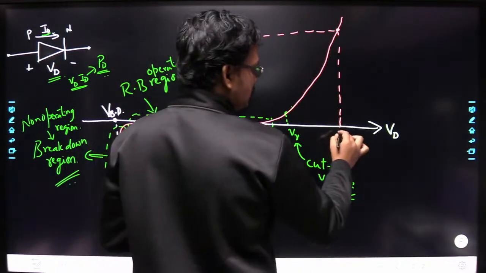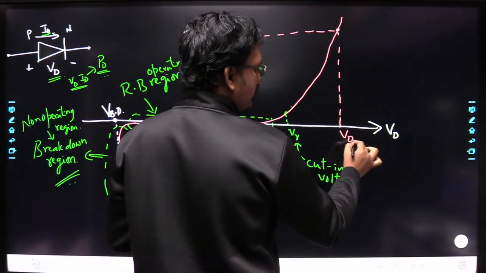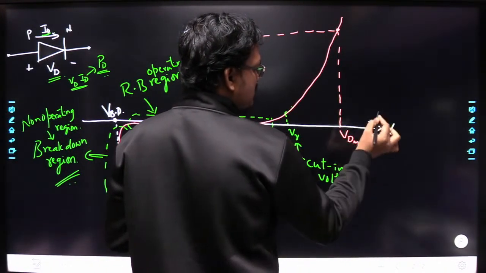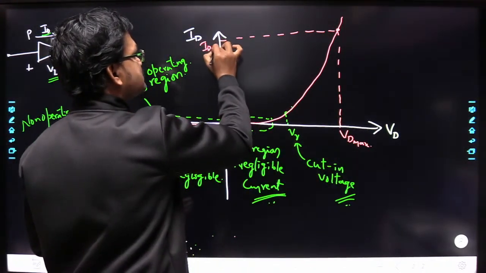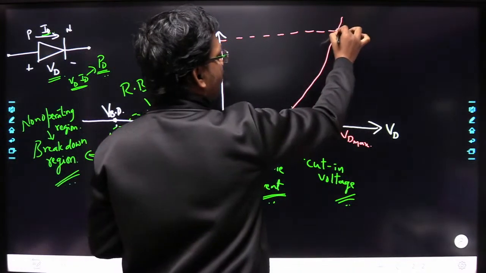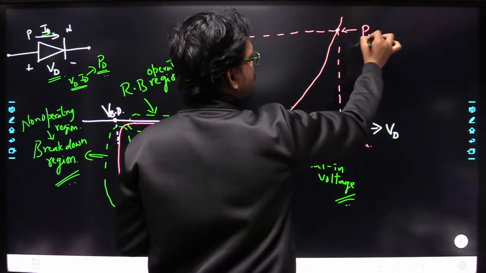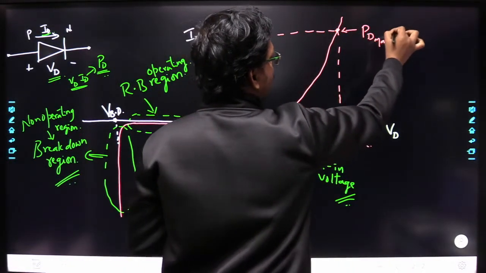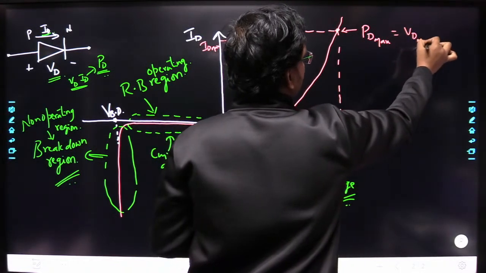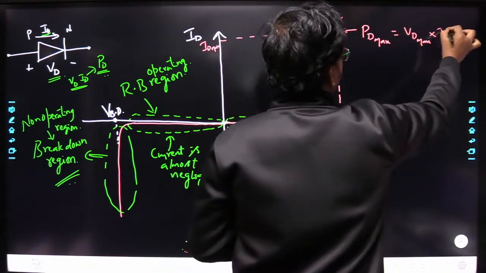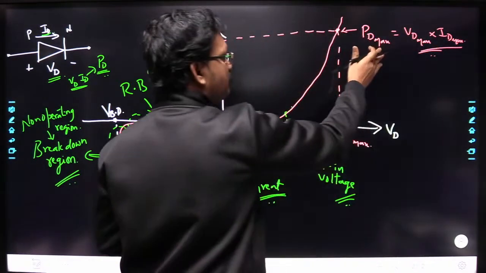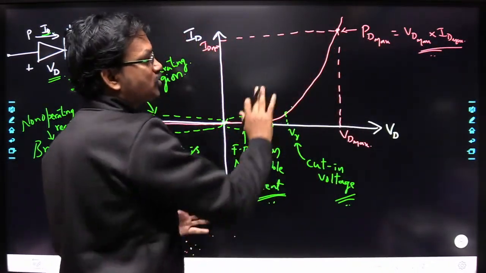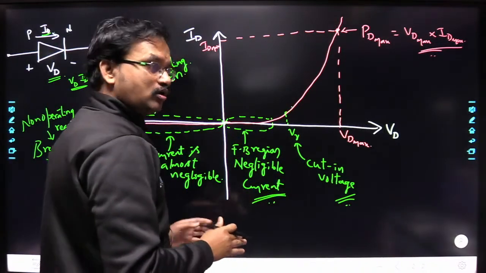So let us say the maximum voltage that it can handle across the diode is VD maximum, and here ID maximum. So this point is nothing but PD maximum, which is equal to VD maximum into ID maximum. This is the maximum power that it can tolerate. So you should not go beyond that.